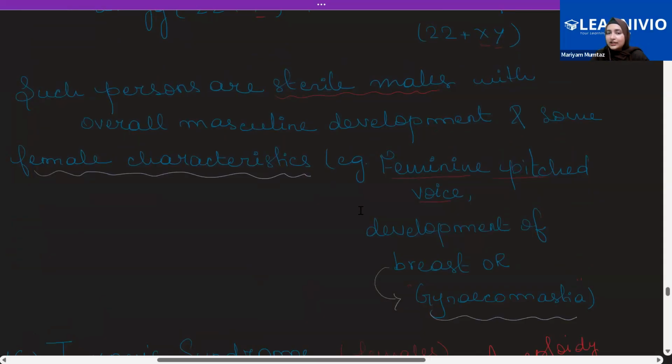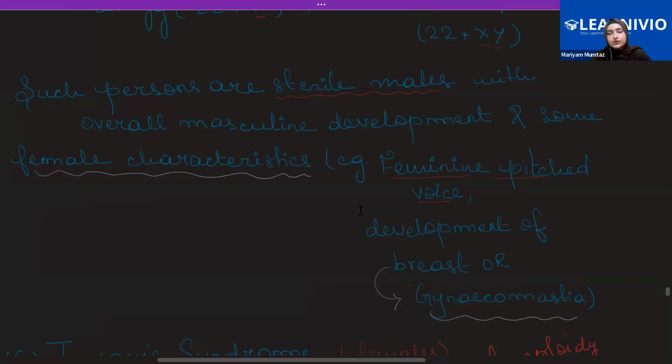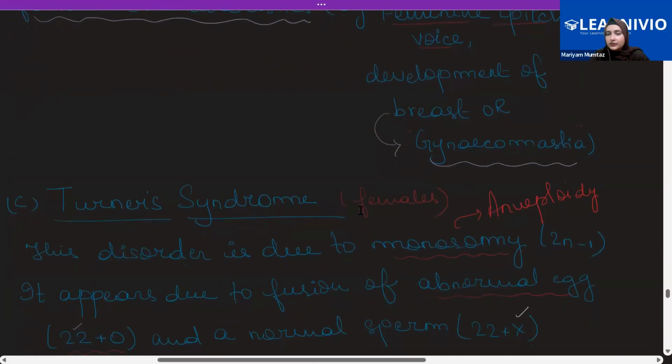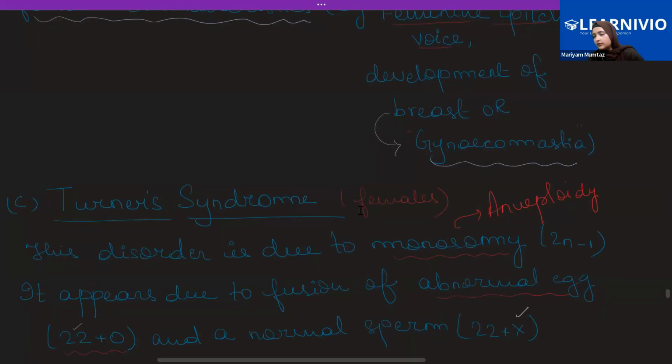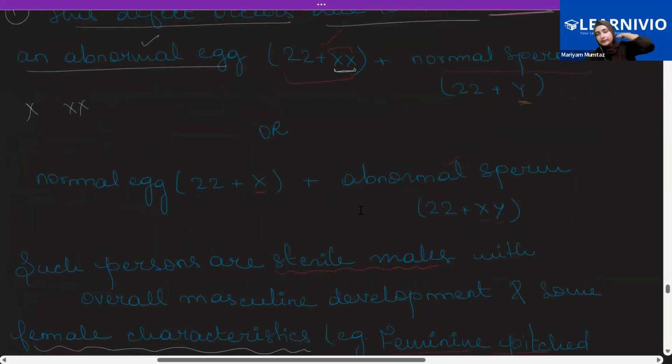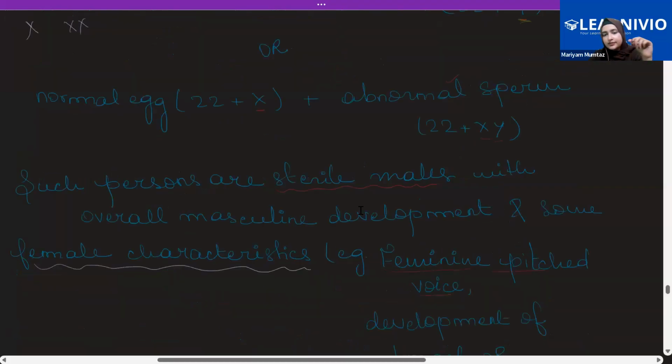They have overall masculine development and look like males, but because of the extra X chromosome they also have some feminine characteristics, like a feminine pitched voice. They develop breasts, which is called gynecomastia. Clear? No, they're not trans. Because of the extra X chromosome they are sterile and possess all of these properties.